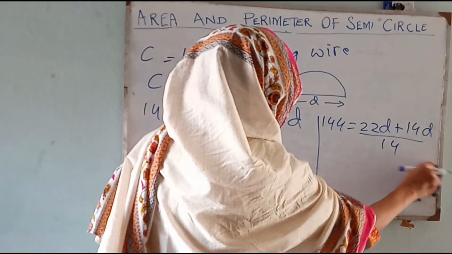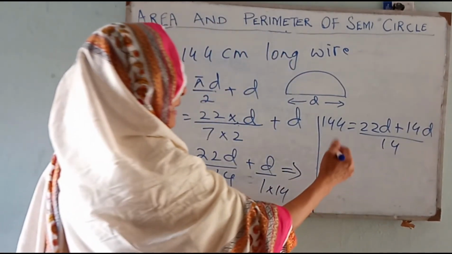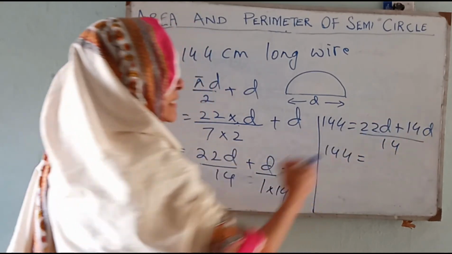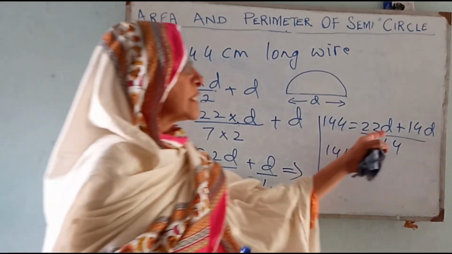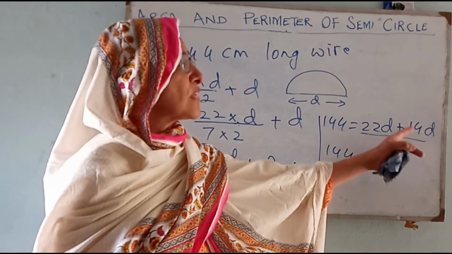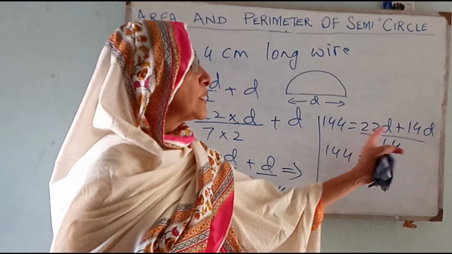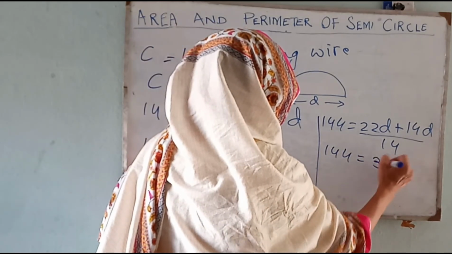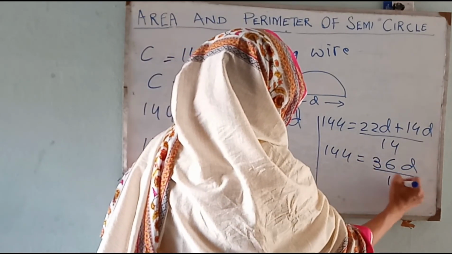Right? So what I can do is, now I have 144 is equal to 22d plus 14d, same like terms. They are like terms because they contain d, so we can add like terms. 22 plus 14 is equal to 36d over 14.